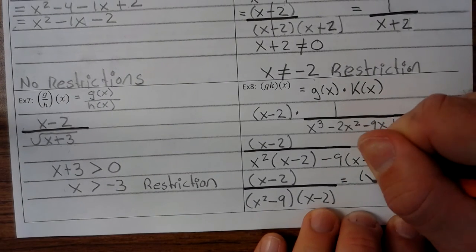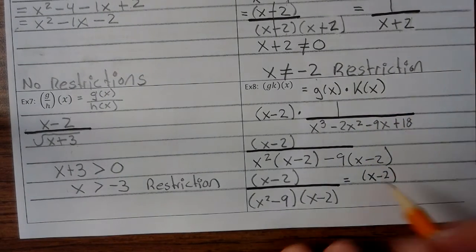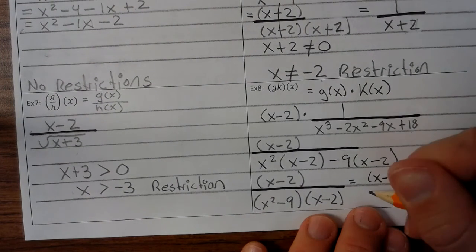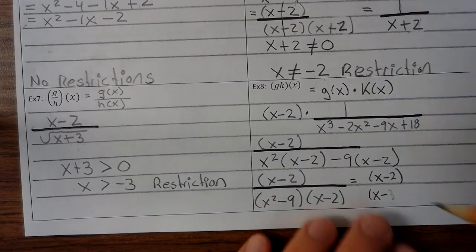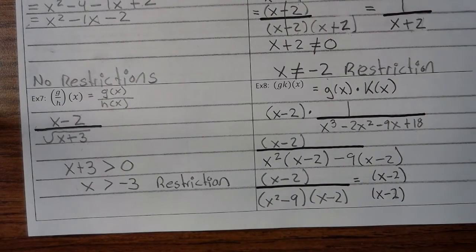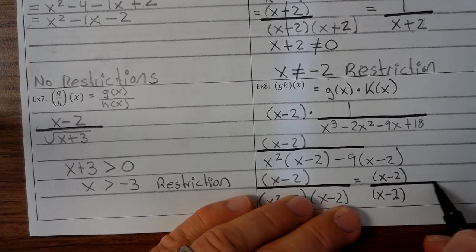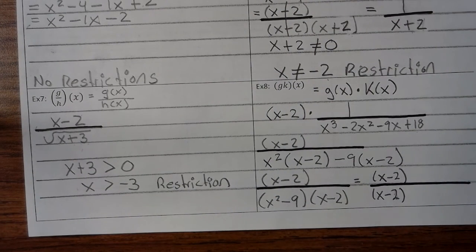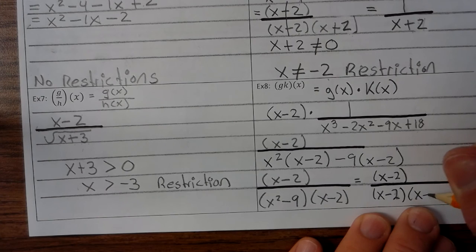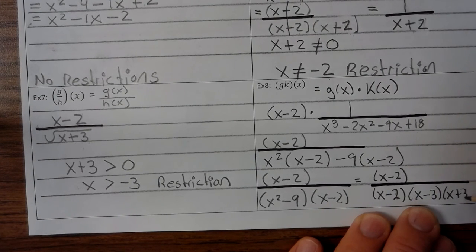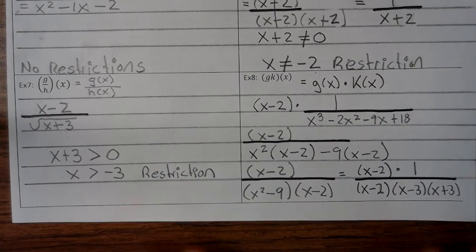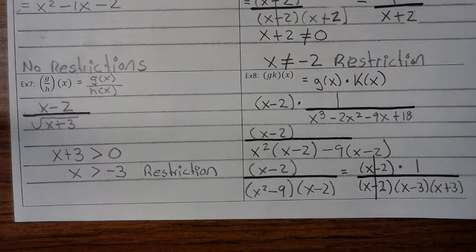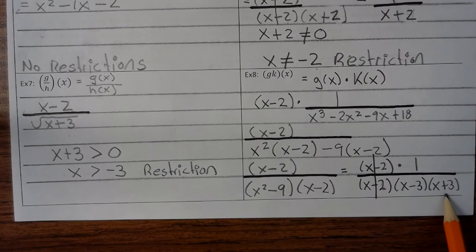So that leaves x minus 2 divided by, well, let's go ahead and put the x minus 2 in front. And then that's x minus 3, x plus 3. And in essence, times 1. Well, this divides and becomes 1. Okay, so this reduces to be 1 divided by x minus 3, x plus 3.